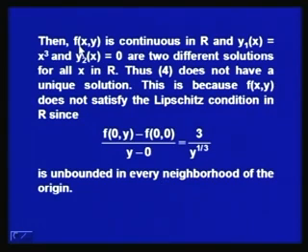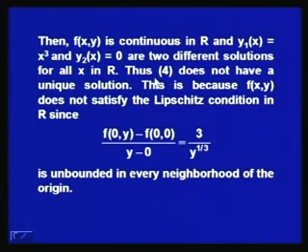We can see here that f(x, y), which is equal to 3 times y to the power 2/3, is continuous in the given region R, and y1(x) equal to x cube and y2(x) equal to 0 are two different solutions of the differential equation for all values of x in R.